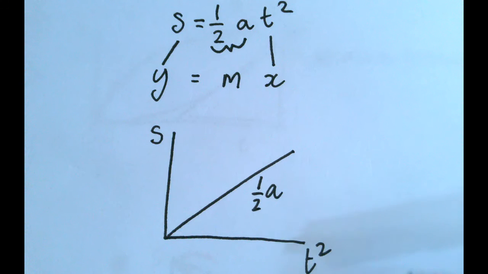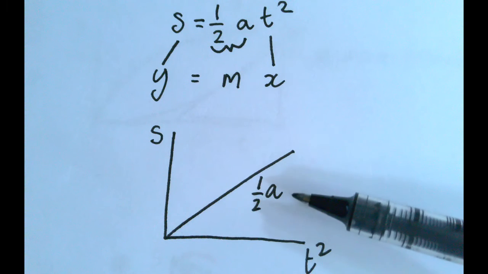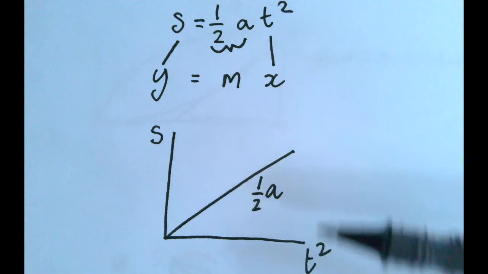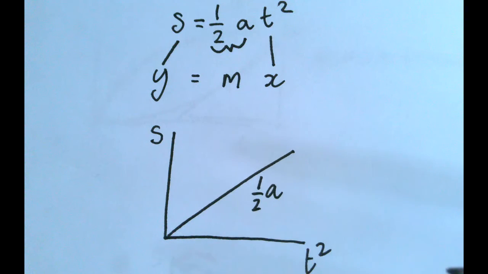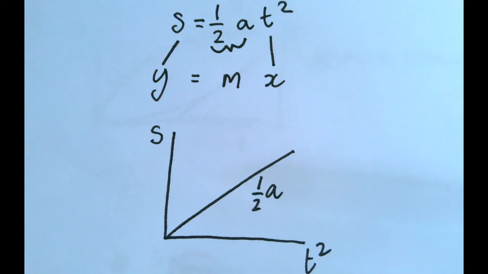You would normally plot this graph the other way round. For convenience, and so that you can instantly spot when you look at the gradient whether you've made a mistake, we've chosen to plot it this way. You could plot it the other way, but the gradient would be 1 over half a, and I find that a bit more painful.